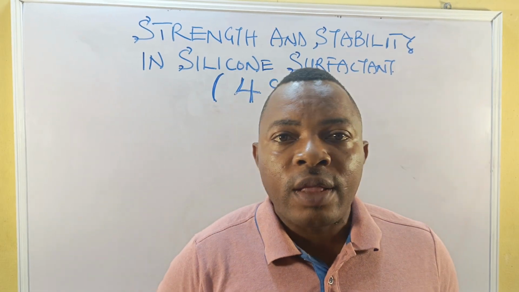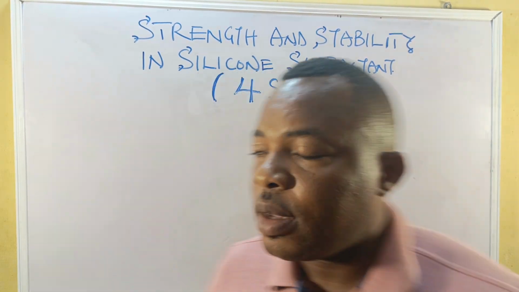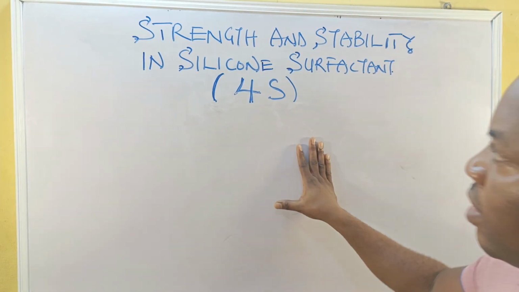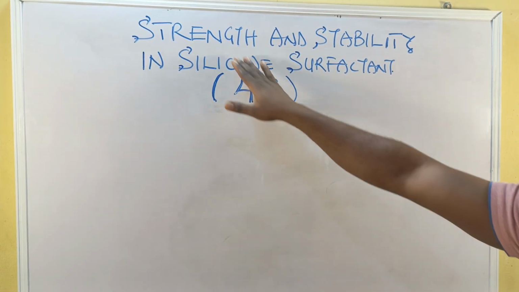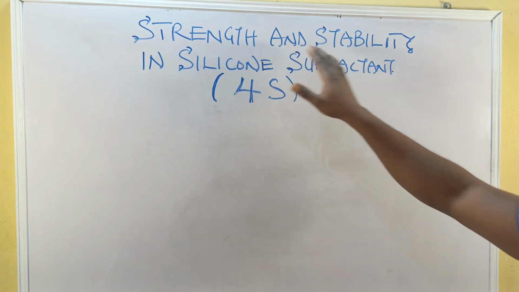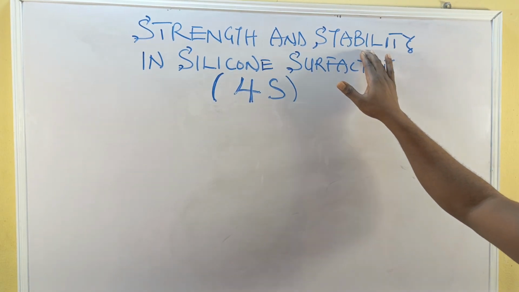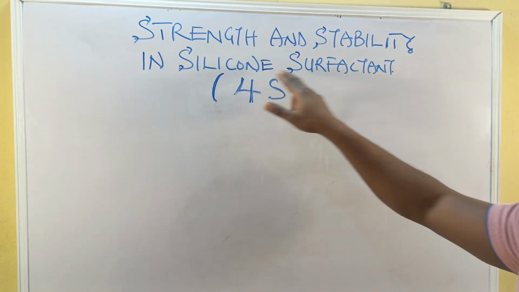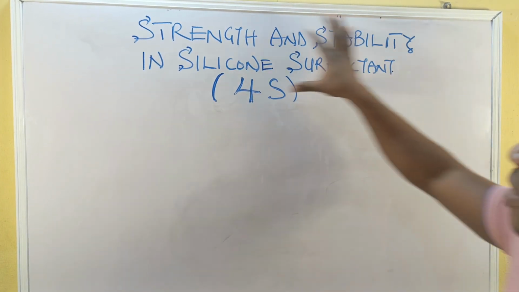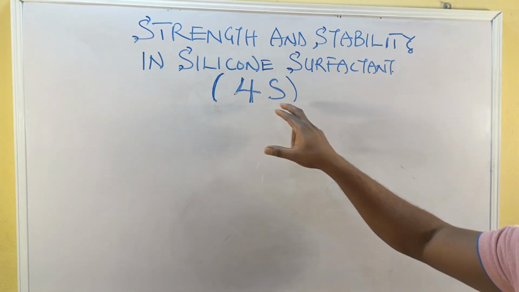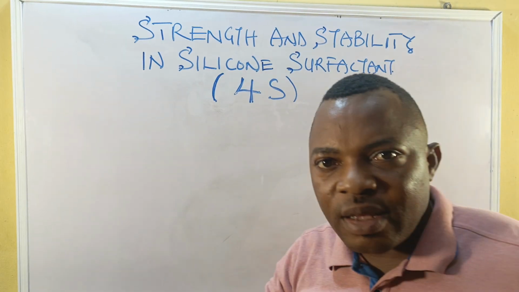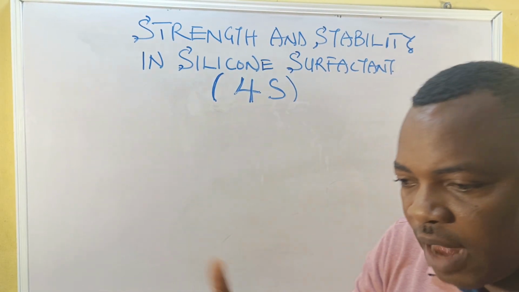My next presentation is what is written on the board: the strength and stability in silicone surfactant. In the entire lesson, there's what we call the 4S ability of silicone surfactant.